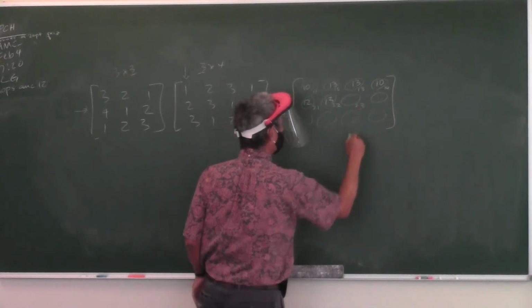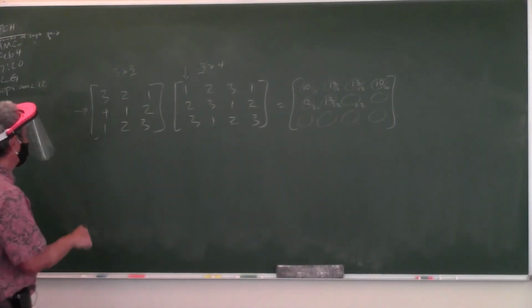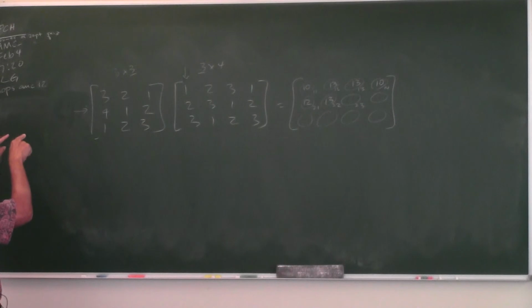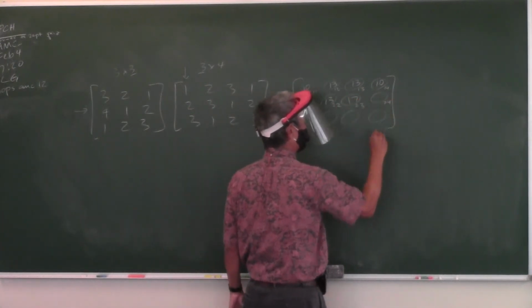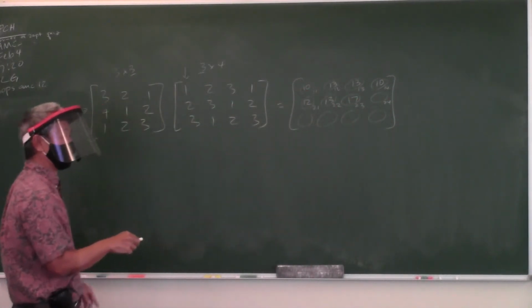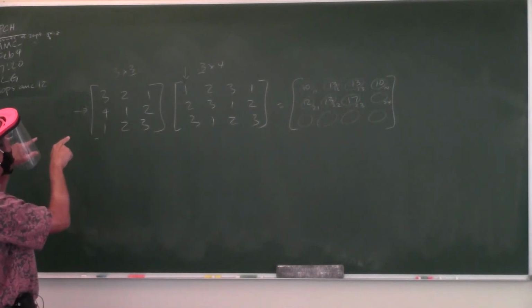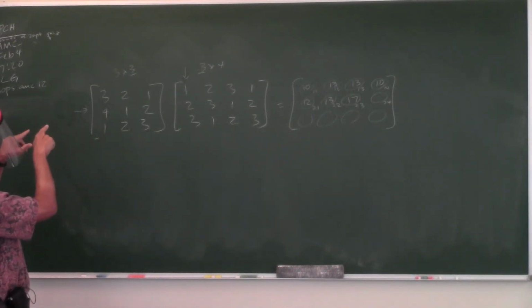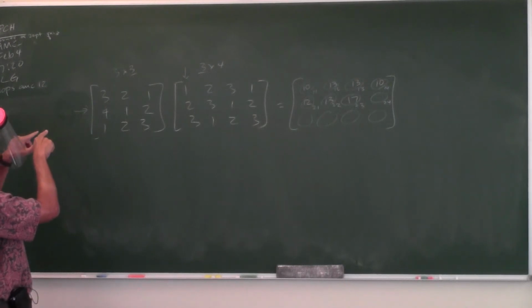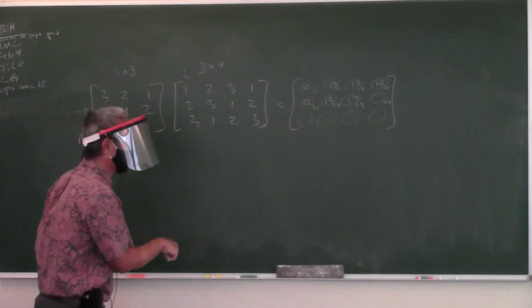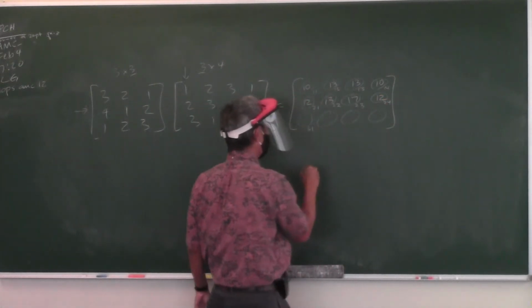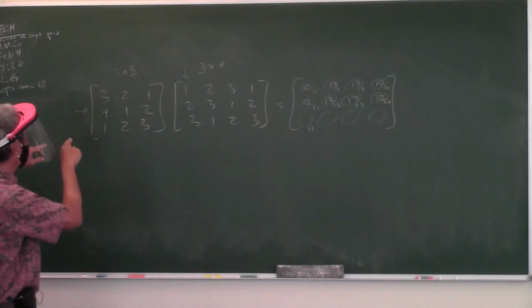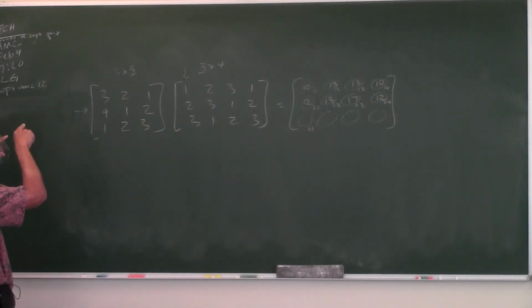2, 3. Good. 2, 4. Who's got 2, 4? 3, 1. 14.